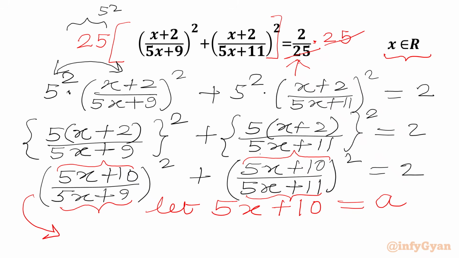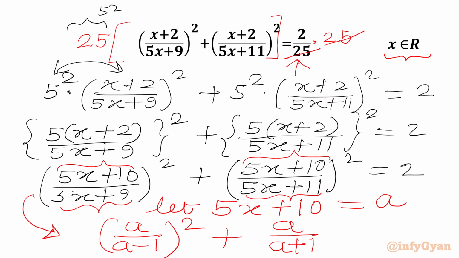So we will write our equation as (a over a minus 1) whole squared plus (a over a plus 1) whole squared equal to 2. Now we have to solve this equation.